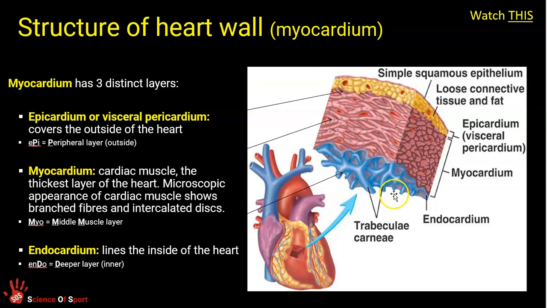The inner layer is called the endocardium. The myocardium is the muscular wall of the heart, and then we've got this epicardium, which is actually the inner layer of the double-walled sac. It's a bit confusing, that bit. So the heart wall itself has three layers: epi, myo, and endo. And it just so happens that the outermost layer of the heart wall forms the inner layer of the sac it sits in.